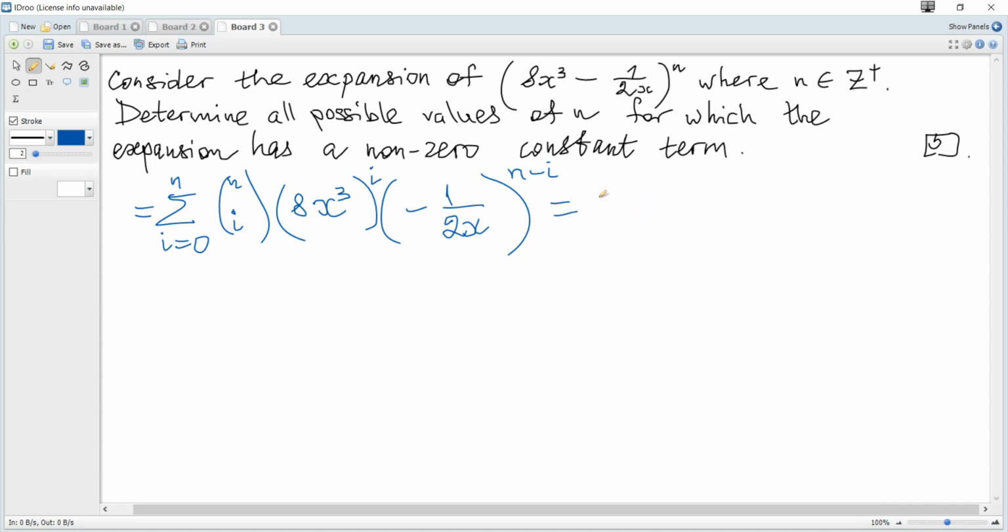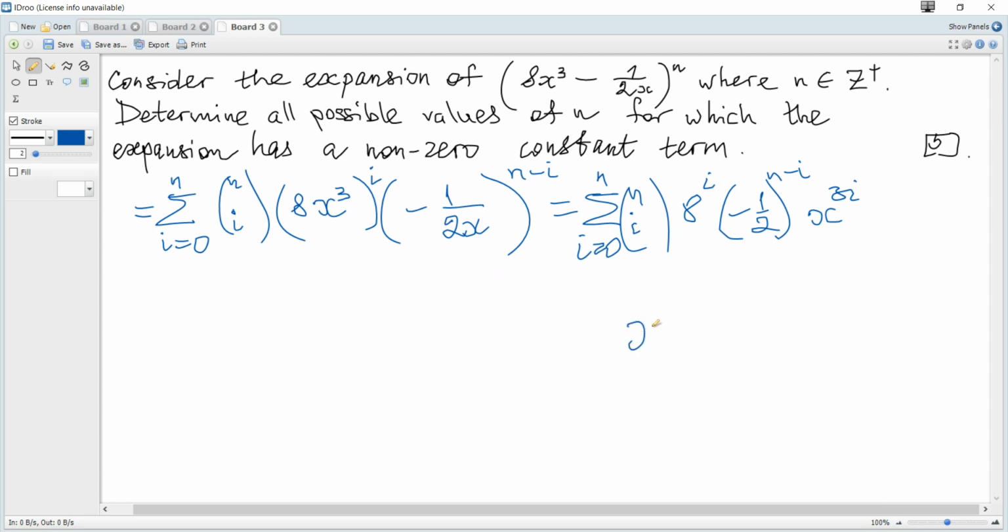So it becomes the sum of combinations, 8 to the power of i and minus a half to n minus i, and x to the power of 3i, and x is in the denominator, hence it's x to negative 1 and to n minus i, and finally it's x to the power i minus n.